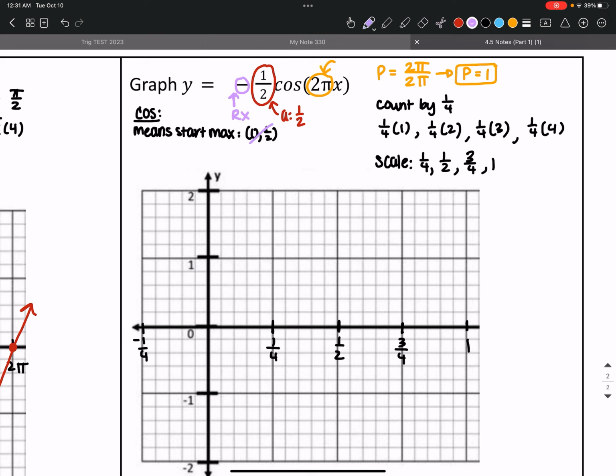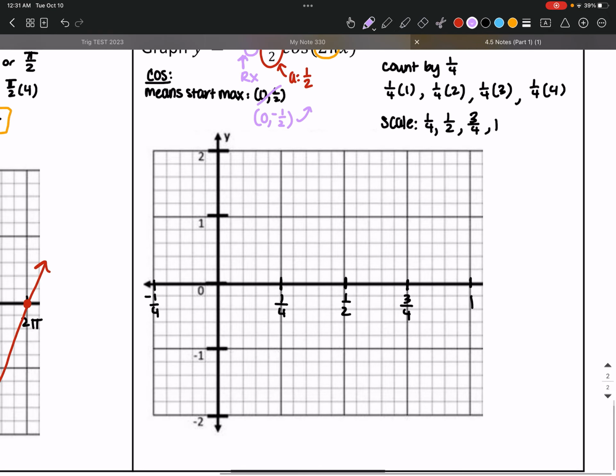So I'm actually going to be starting at 0, -1/2, and I'm going to be going upwards instead of downwards from that point, because everything was flipped upside down. So I'm going to be at 0, -1/2, that's like right here.